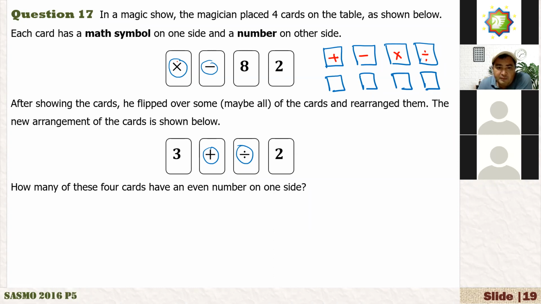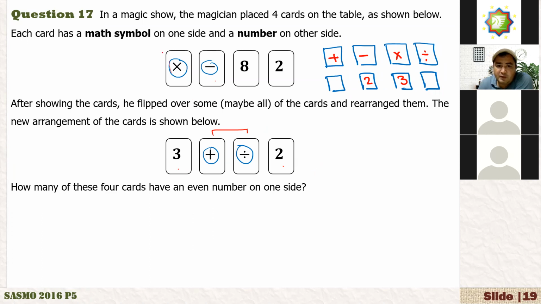Here we have multiplication and subtraction, and do we have multiplication, subtraction here? We don't have. That means that behind multiplication, we have 3 or 2. Behind subtraction, we have 3 or 2. It doesn't matter which one is. If behind multiplication we have 3, then behind the minus sign it must be 2.